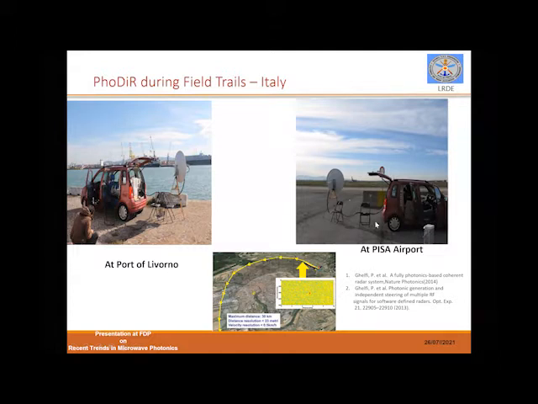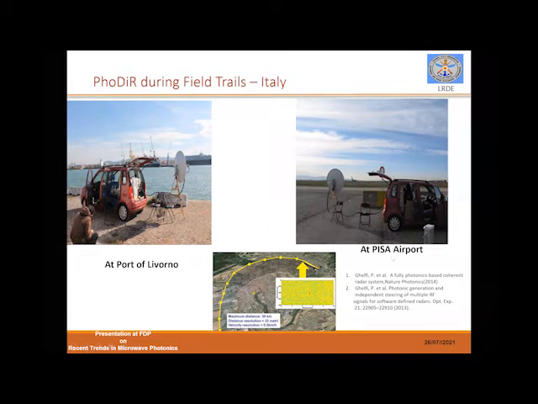They brought the radar in a small car, and inside the car only the data processing part is kept, and the antenna is kept outside for coastal surveillance and air traffic. This is at the port of Livorno, and this is at the Pisa airport.